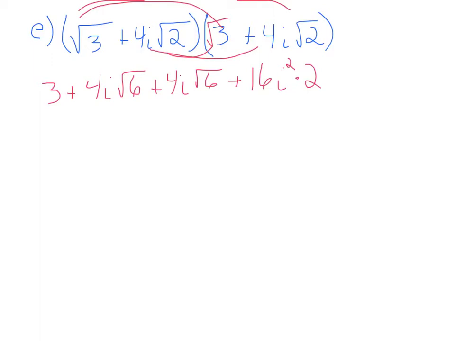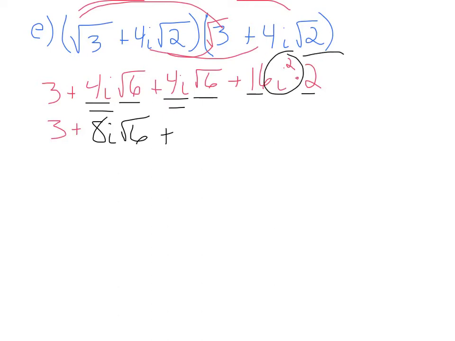All right, let's clean this up a bit, shall we? This is 3 plus. Now, the middle two guys have the same roots, which means the outsides of those roots can go together. They like each other. 4i's plus 4i's is 8i's. Those are called combining like terms. Root 6 doesn't change because you're not multiplying. Over here, this is 16 times 2, which is 32. And i squared, which is what? It's negative 1. So that really just says minus 32. Let me erase this plus sign.